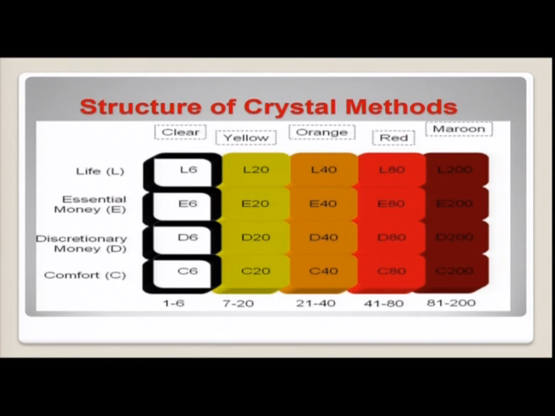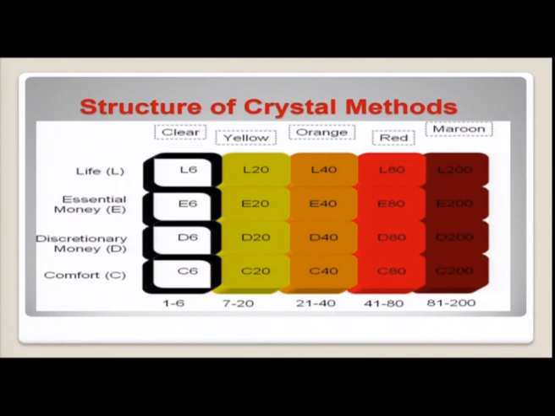Similarly, for a project size between 7 to 20, we determine it with the yellow color, with these four terms: life, essential money, discretionary money and comfort. Between 21 to 40 it is orange, for 41 to 80 it is red, with again life, essential money, discretionary money and comfort.